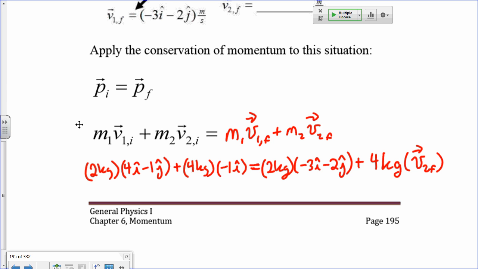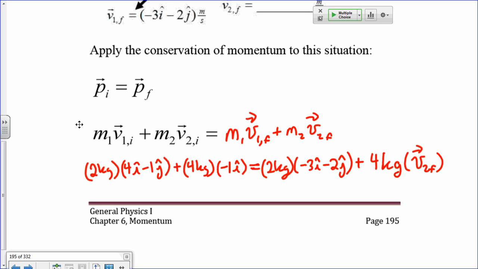We've done this before where we solve for vectors, and here we want to solve for v2f, but when we're solving for it, we want to keep our i's and our j's all separate. So we don't combine i's and j's together, but we can combine like i's. So for example, over here, I'll get an 8i.